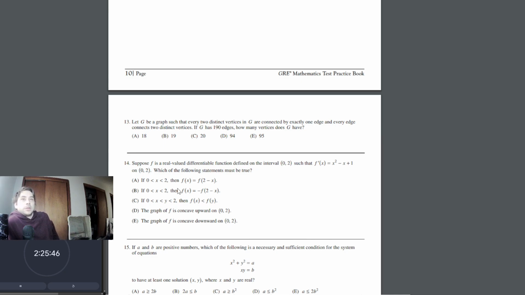I should know this. I mean, shouldn't know this. I looked into this a lot. G has 190 edges. Okay, let's see if I could recreate graph theory.